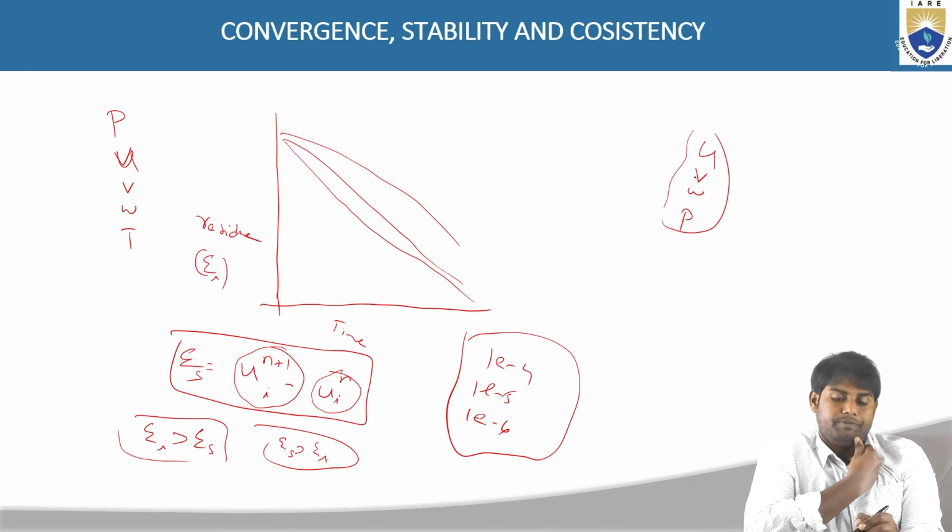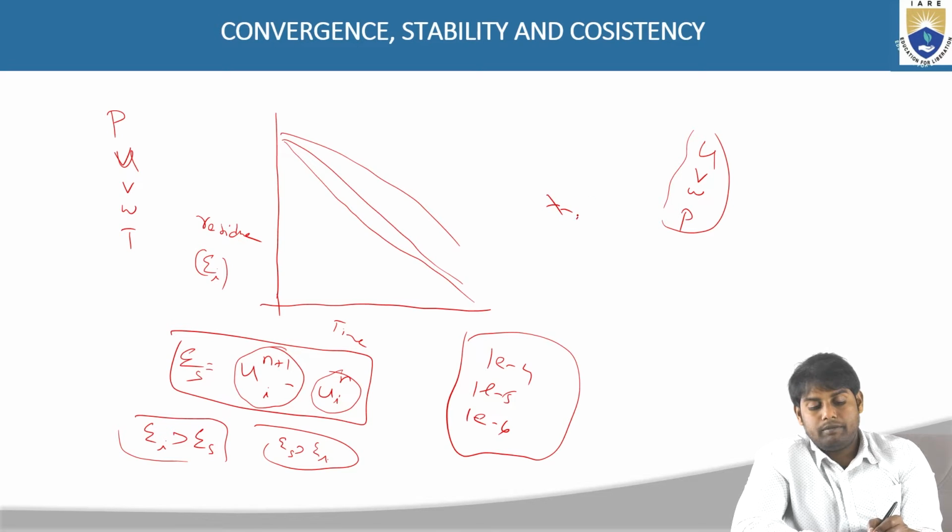In the momentum, since it is a vector, you have x momentum, y momentum, and z momentum. So these residuals, let's say, this is for continuity, this is for x momentum, this is for y momentum, and you will get one more, this is for z momentum.